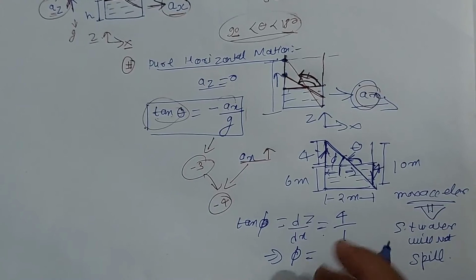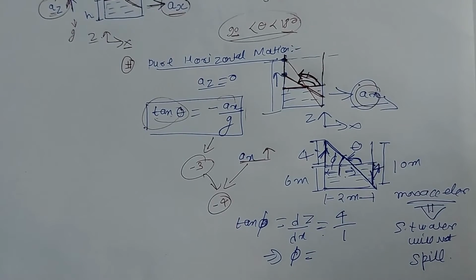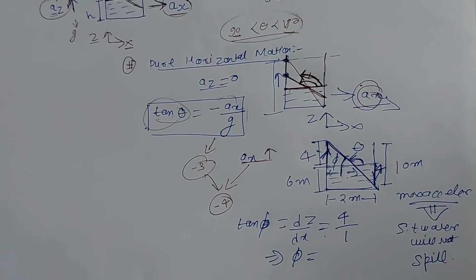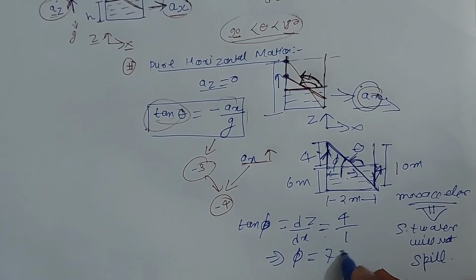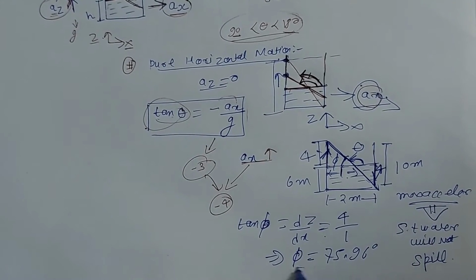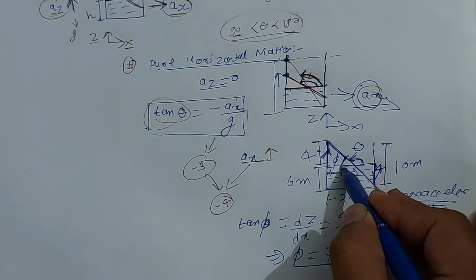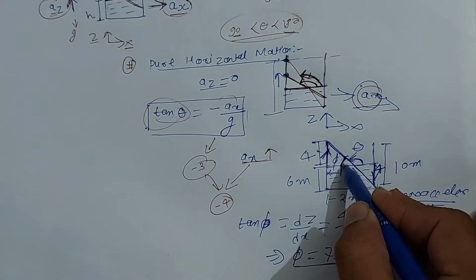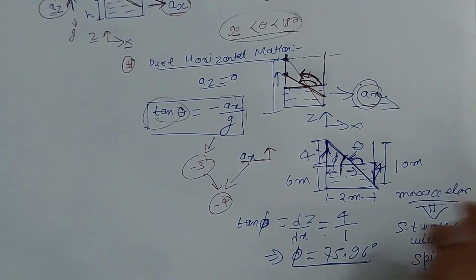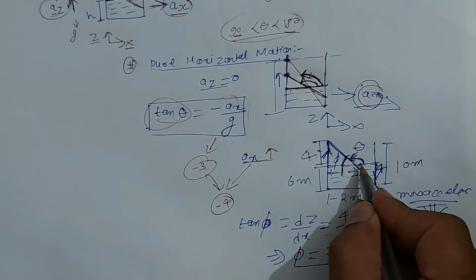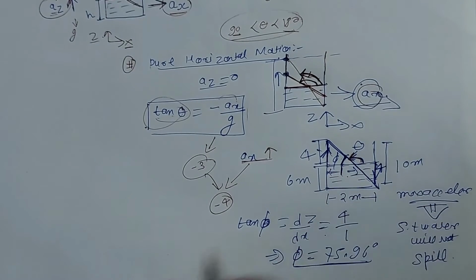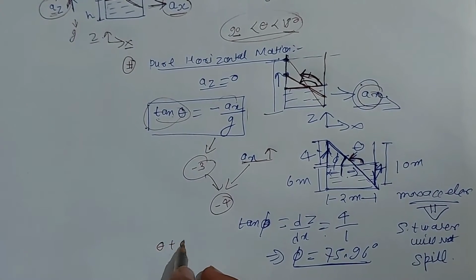Phi we can calculate on the calculator, and it would come as 75.96 degree. So if this angle is 75.96, then this angle theta we can find by theta plus phi equal to 180.